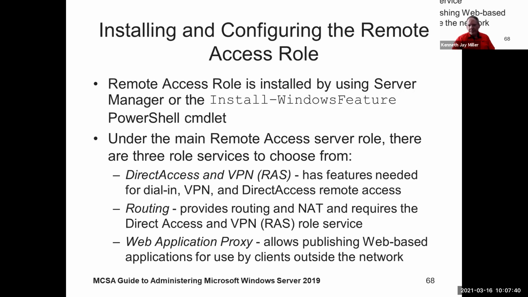Now, under the remote access server role, there are 3 roles that we can choose from: either direct access and VPN, routing, or web application proxy. So when we see this, we're going to select routing. And then when that's installed, it will select NAT. Okay. And you'll see in the lab that I have those steps outlined for you.